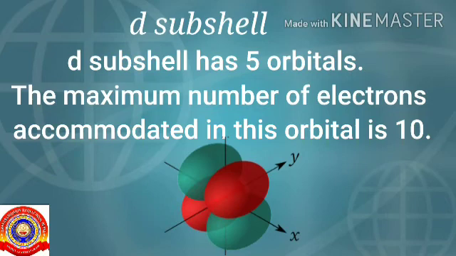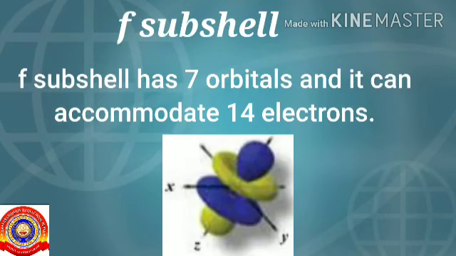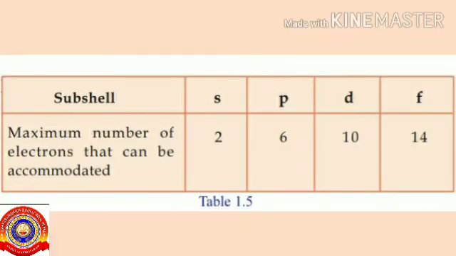And the last subshell is F subshell. It has 7 orbitals, so the maximum number of electrons accommodated in these orbitals are 14. See the table given in your textbook, the subshells and maximum number of electrons accommodated in each. Did you understand? Shall we go to the next concept?